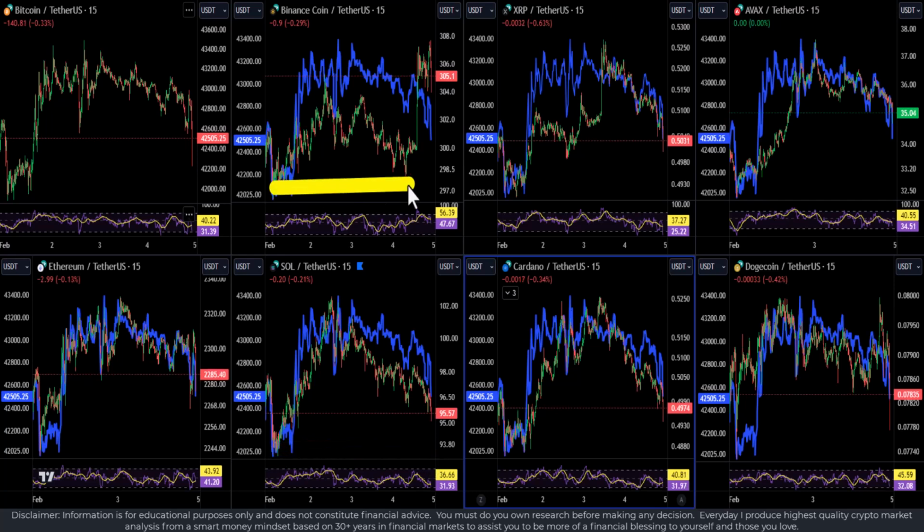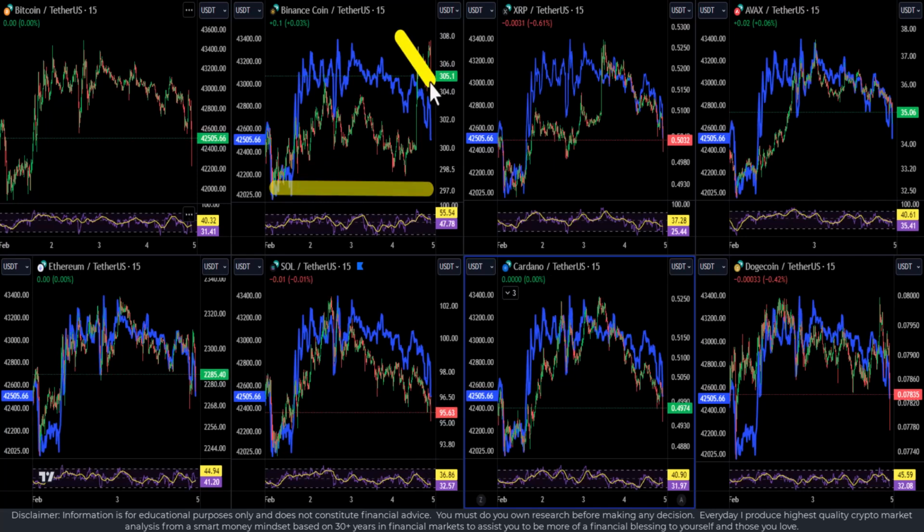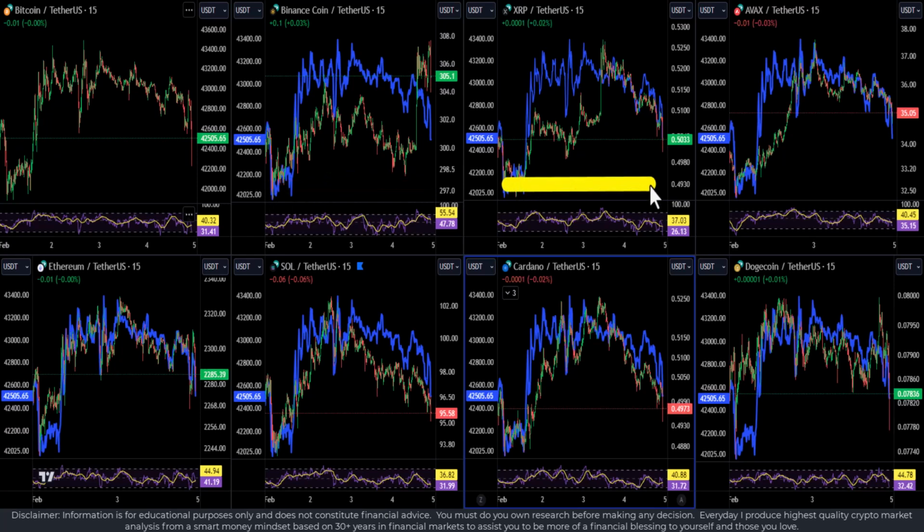What about BNB? And BNB is looking quite interesting, isn't it? Look at all of this particular price action. But we would anticipate BNB to come down to around 297. What about XRP? Around 49.30. ADA around 48.80. AVAX around 32.50.